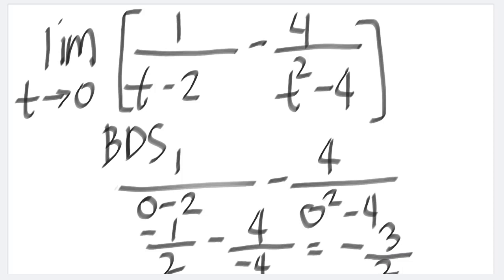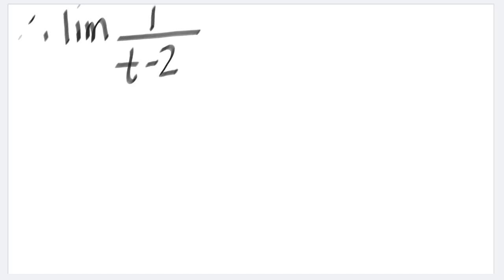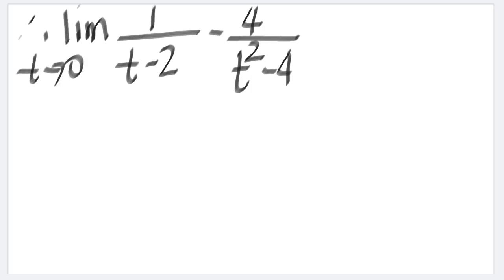So therefore, the limit of 1 over t minus 2 minus 4 over t squared minus 4 as t approaches 0 is equal to negative 3/2.